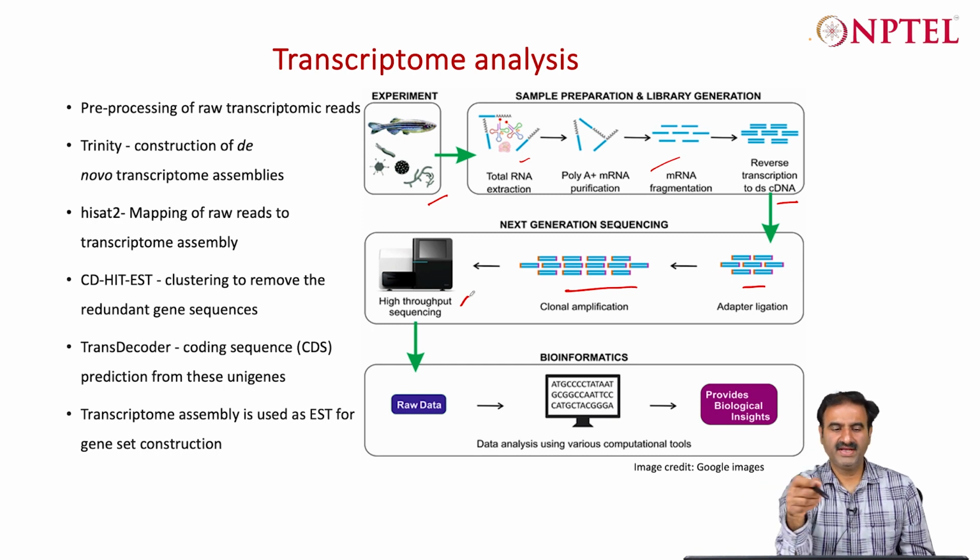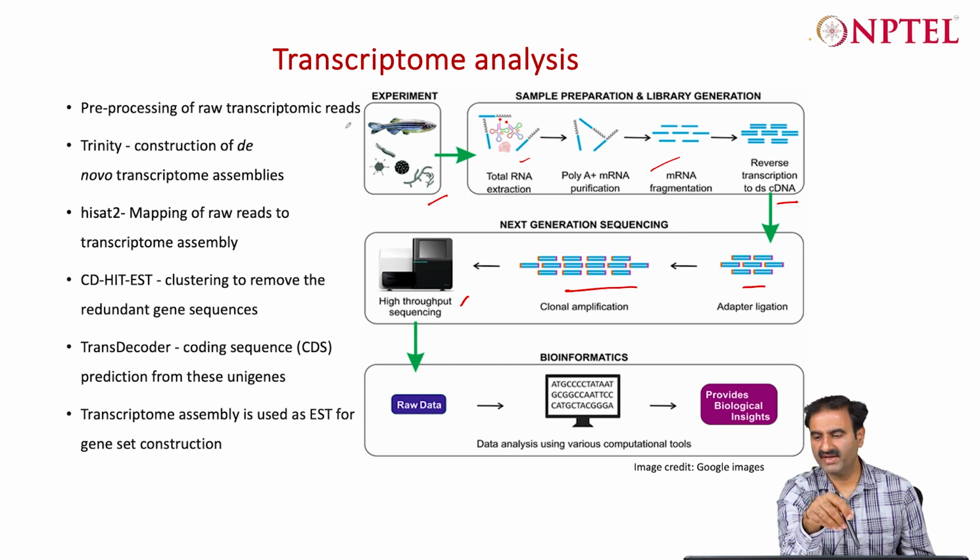Okay, and it is followed by the pre-processing of transcriptome reads, like adapter removal, and low quality sequences are removed. Then Trinity is used for de novo construction of the transcriptome assemblies.